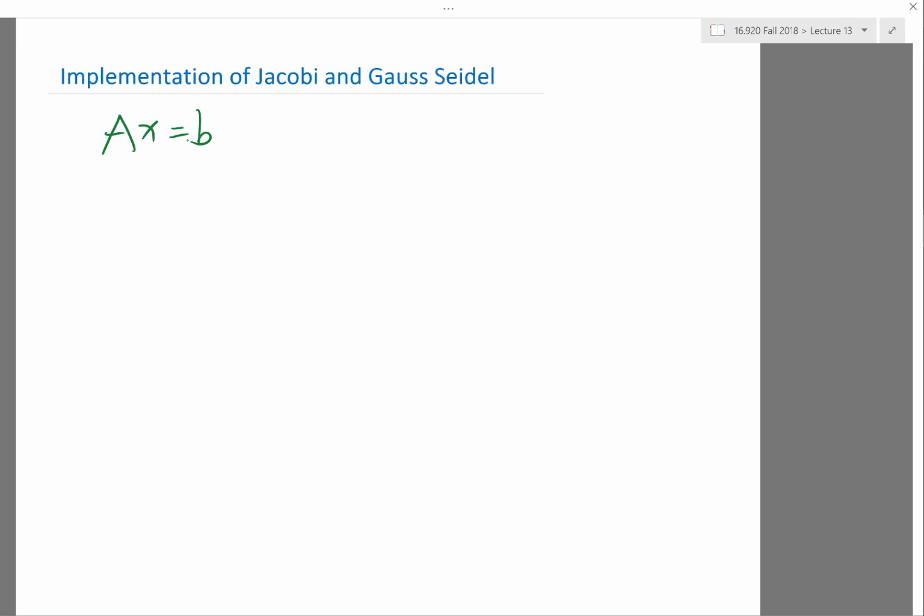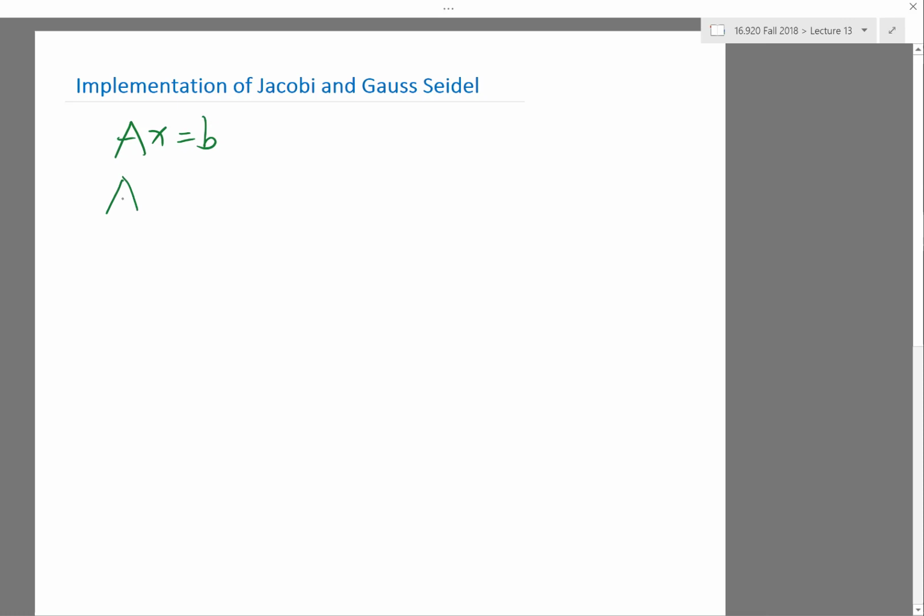All right, so for example, let's start with the Jacobi iteration. As I just remind people, Jacobi iteration is basically splitting A into (A minus D plus D) times X equal to B. So we get two terms.